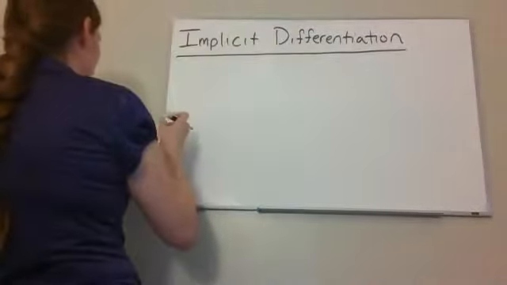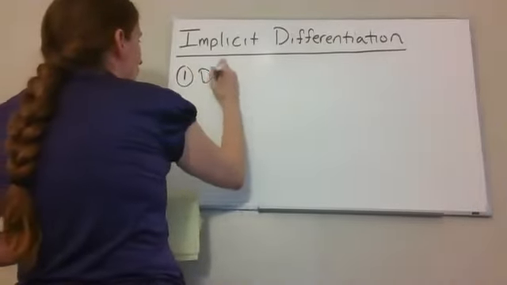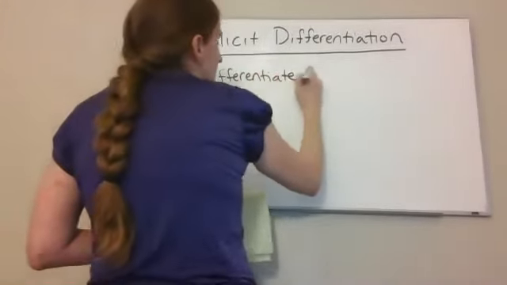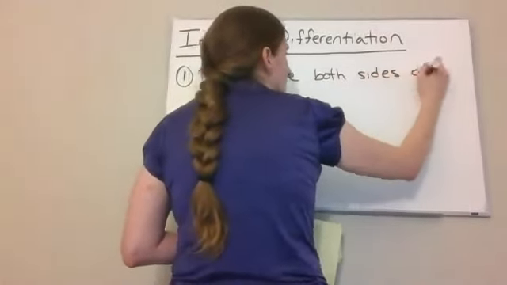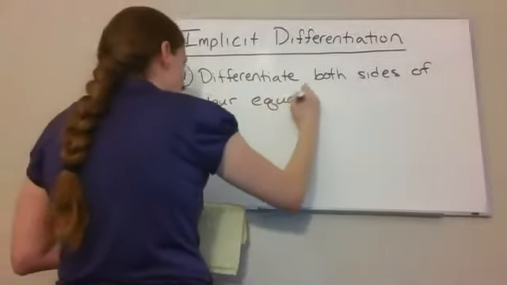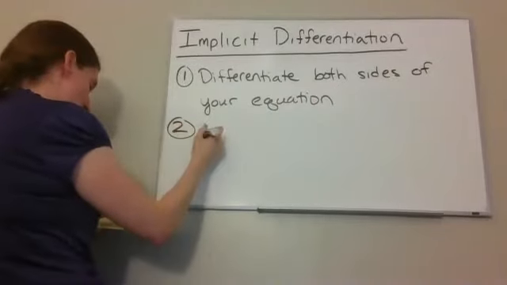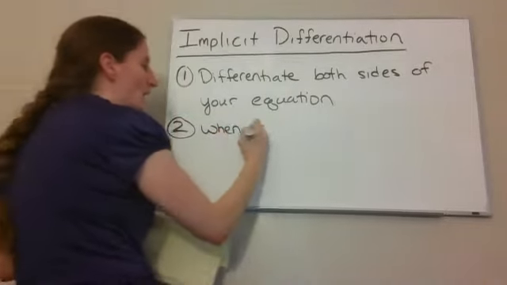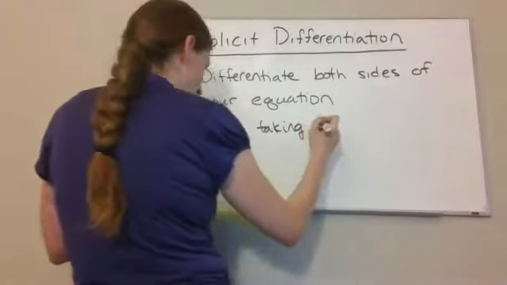So steps for implicit differentiation. First, you are going to differentiate both sides of your equation. When you differentiate both sides of the equation, every single time you take a derivative of a term that involves y, you have to multiply by dy dx.